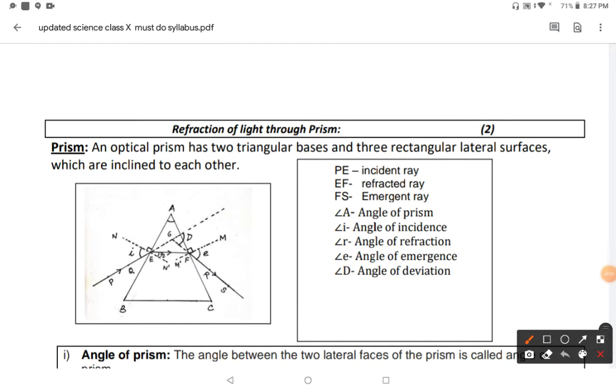A prism has two triangular bases and three rectangular lateral surfaces which are inclined to each other.